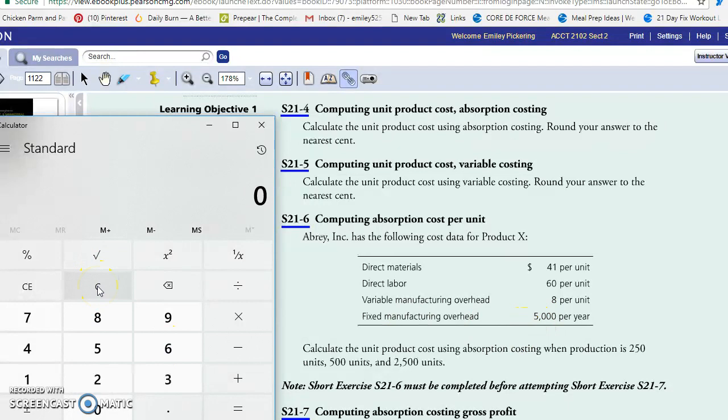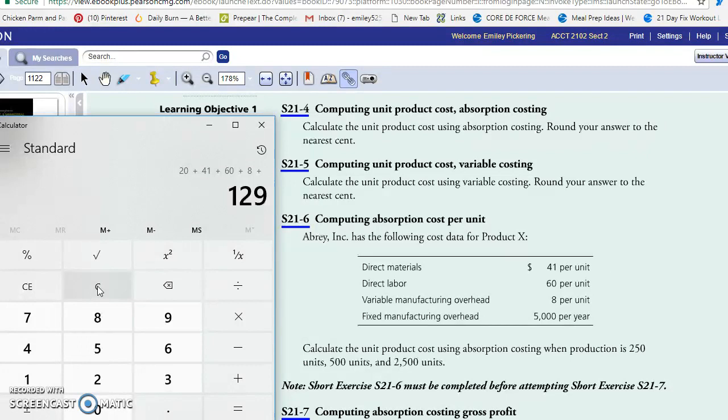So we've got 5,000 per year, and then if we're making 250, it's going to cost us $20. So plus that 41, the 60, and the 8, so 129 for the 250 units.